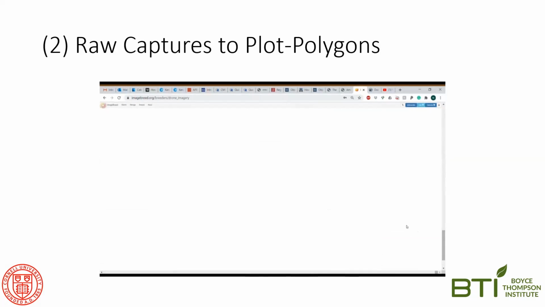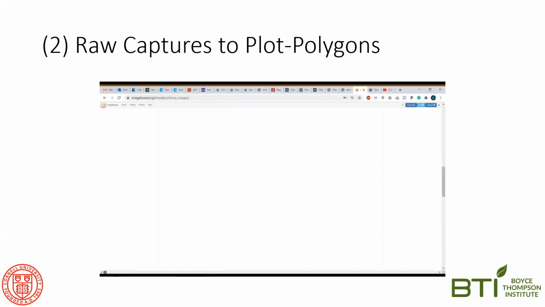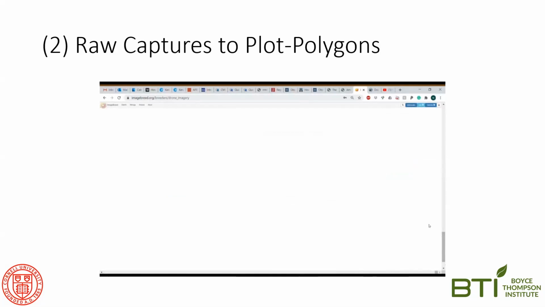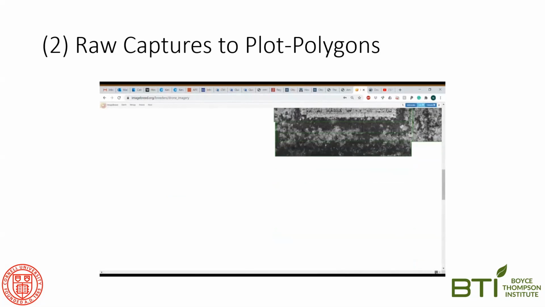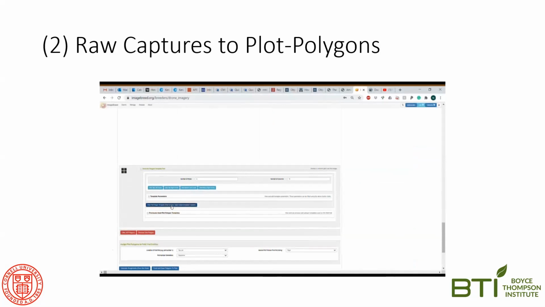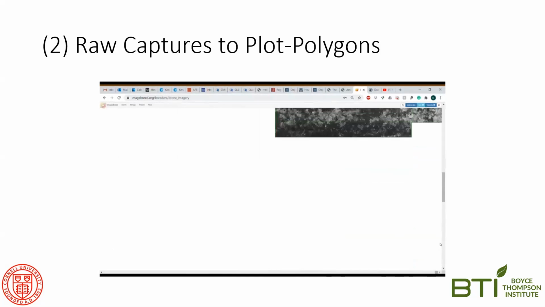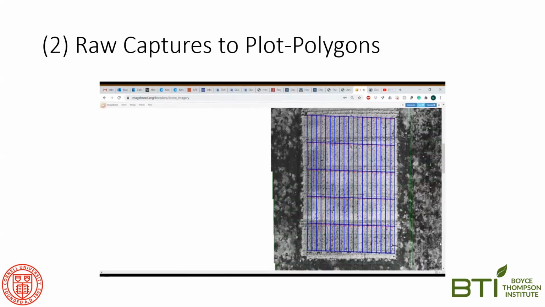I want to incorporate ground control points here, so that you can reuse templates between imaging events. But anyway, here you're clicking the boundaries of the field. 5 rows, 19 columns. I click that blue button and it'll draw those plot polygons.